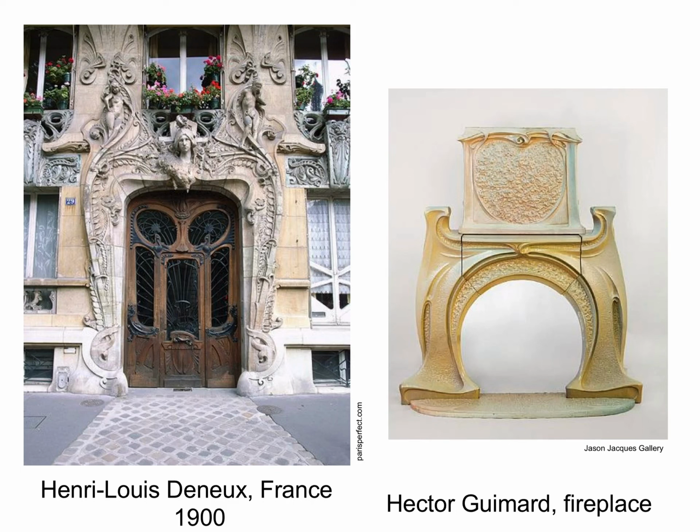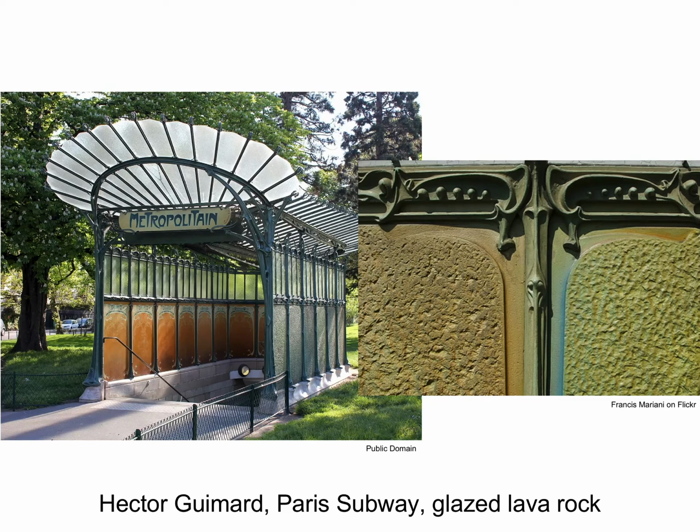In the Art Nouveau period, there was a resurgence of the use of ceramic in Europe as well. These are two examples here by two different architects using ceramics in the Art Nouveau style. Hector Guimard was the designer of the Paris subway, the earliest stations and kiosks for the exit of the passengers.